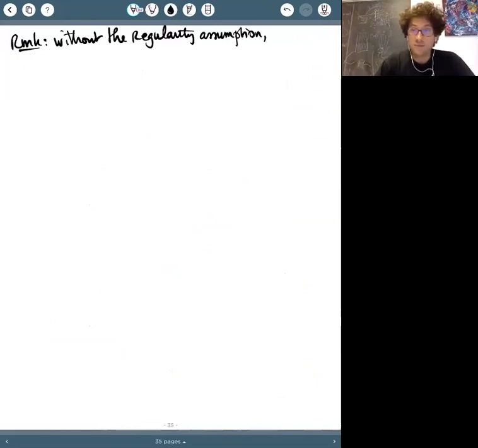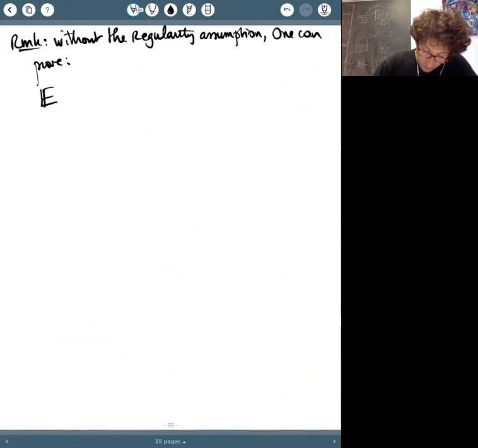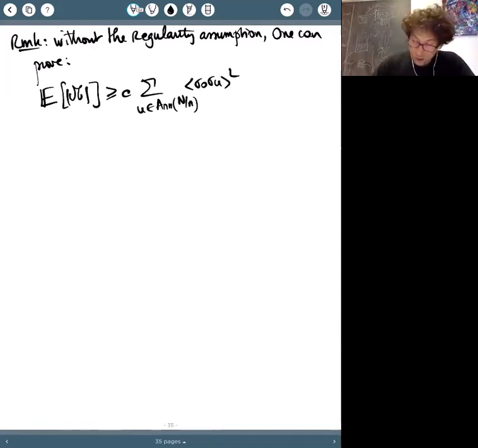what do we do? Well, there, in fact, you can still prove that indeed the expectation of m is larger or equal to a constant times the sum over u in the annulus of sigma 0 sigma u squared, which means it's larger than a constant times b_N of beta minus b_n of beta, right?